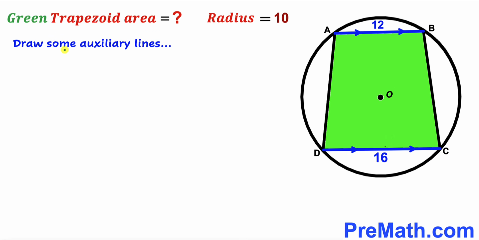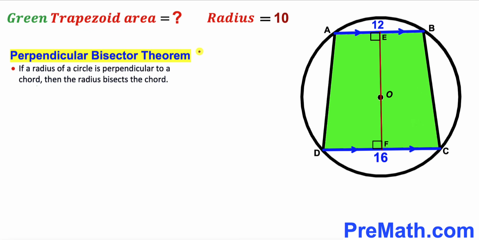We are going to draw some auxiliary lines to make our job simple. I have dropped this perpendicular EF onto both chords AB and CD, and this perpendicular EF passes through the center O. Now let's recall the perpendicular bisector theorem: if a radius of a circle is perpendicular to a chord, then the radius bisects the chord.